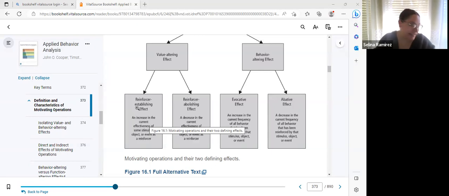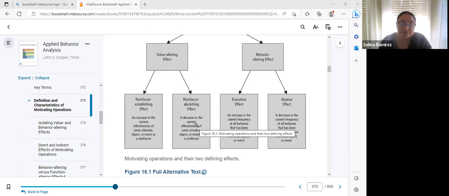And so I put in a target for parents. We need to change our behavior in order to make this reinforcer reinforcing. What are we going to have to do? Anybody? We're going to have to no longer provide it freely, right?